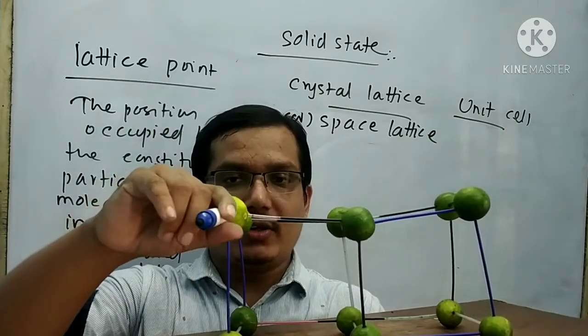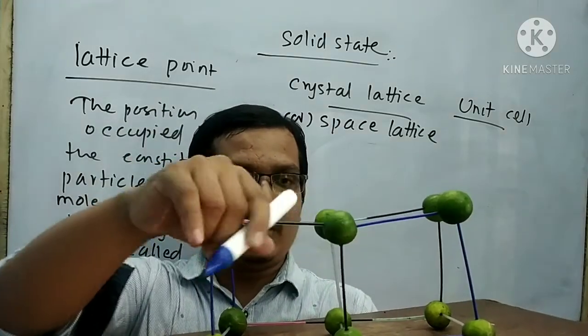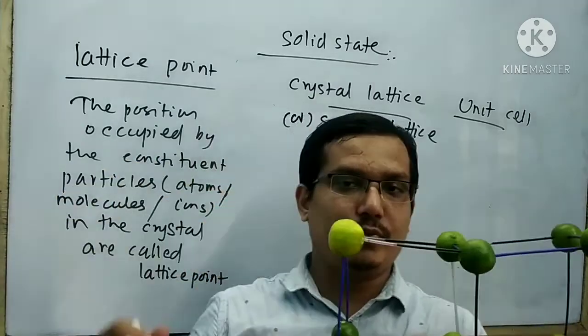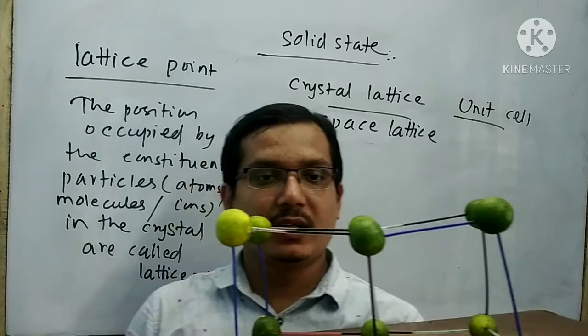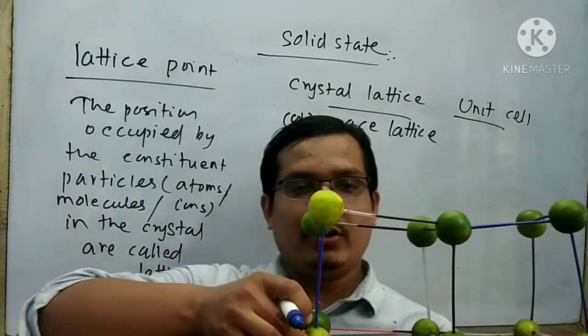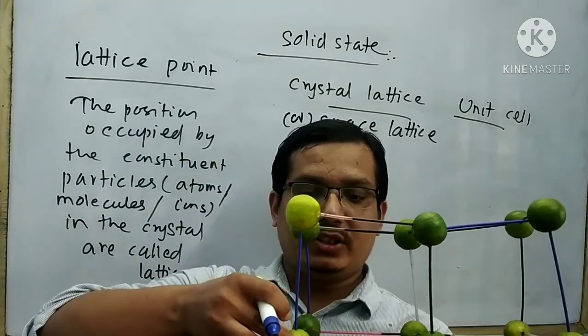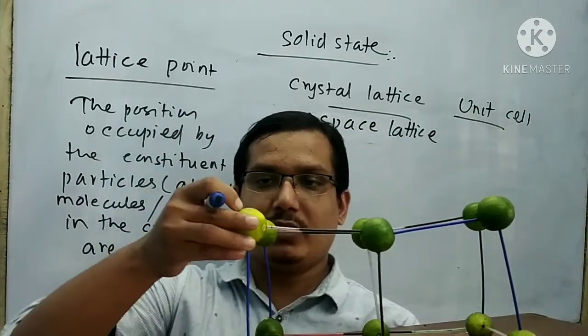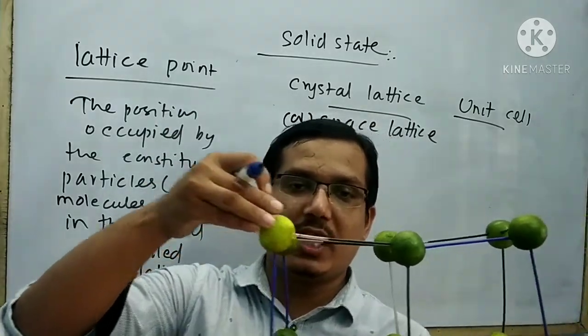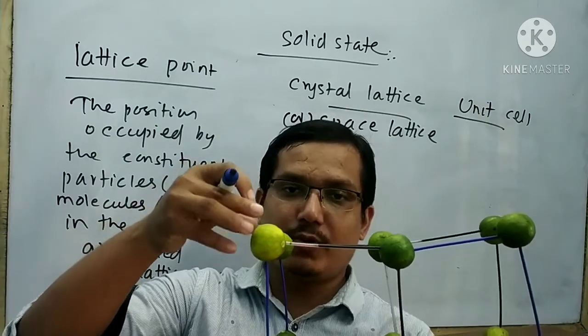Here you can also arrange another lemon to produce another cubic type of arrangement. Look at that. This is the position in which the constituent particles are present. Suppose think that the lemons are atoms or ions or molecules.